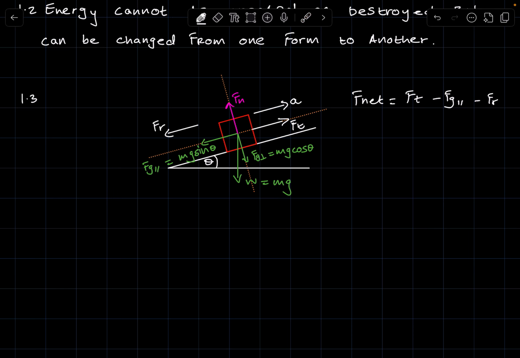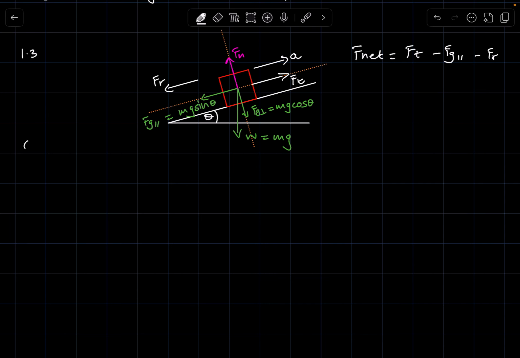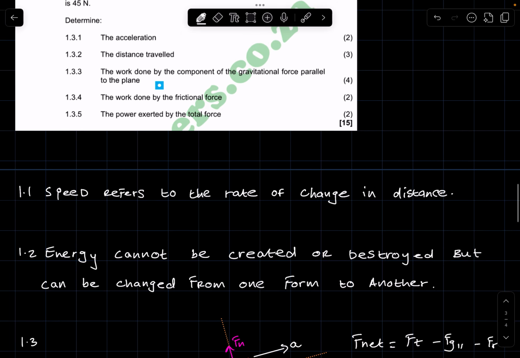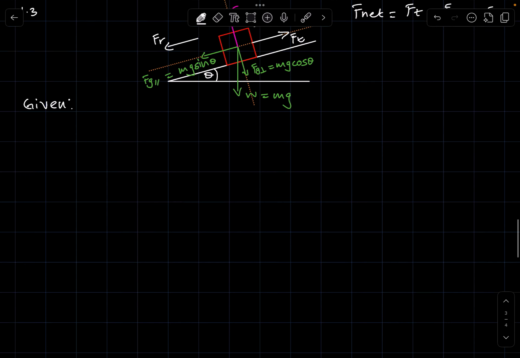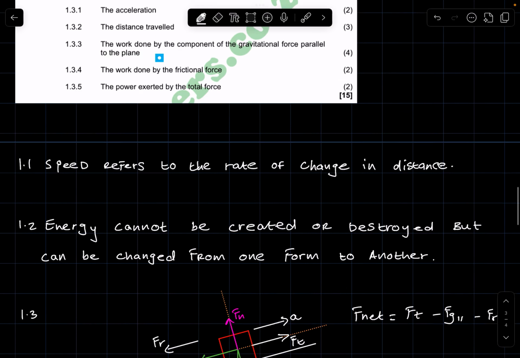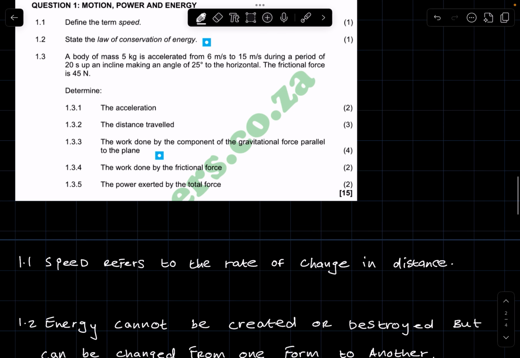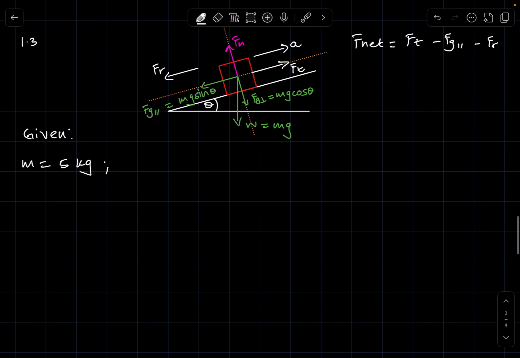Now let's look at what else we've been given. You've been given the mass. The mass is 5 kg. So we use the mass exactly as it is, because the mass we have to express in kgs anyway. The object is accelerated from 6 to 15. So 6 meters per second is our initial velocity. Final velocity is 15 meters per second.